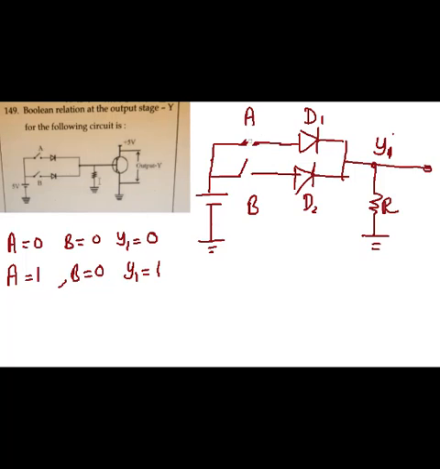On the other hand, if you keep A open and close B, what will happen? If you close B, then diode D2 will conduct. So A is 0 but B is 1, you will get a voltage in the output, 1. What will happen if both of them are connected? If both are connected, then A is 1, D1 will conduct, and B is 1, D2 will conduct, and you will get Y1 equal to 1.